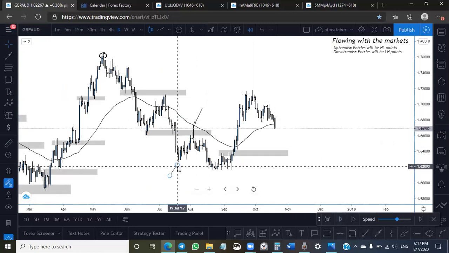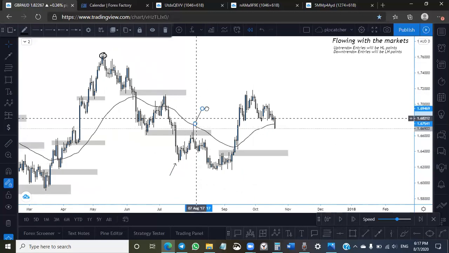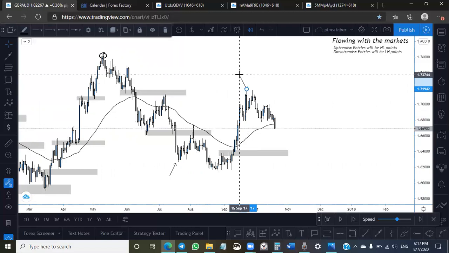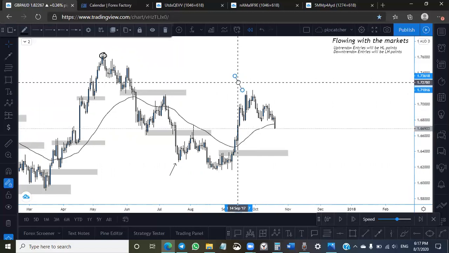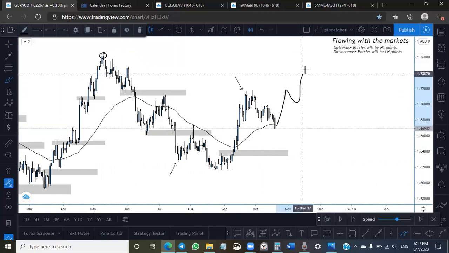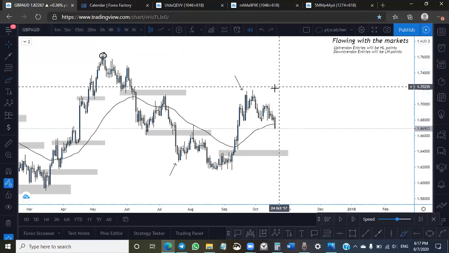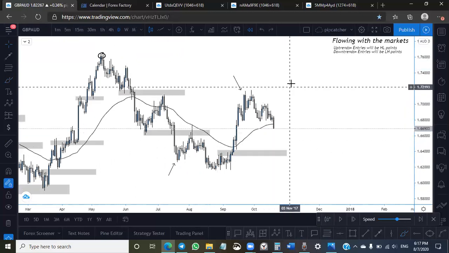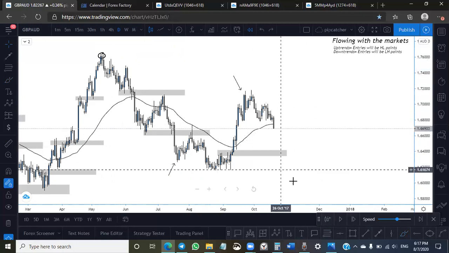So right here, we have this high here. And what I would like to see is a break above this zone to go higher now, right? The market is trying to tell us that maybe we could go higher.